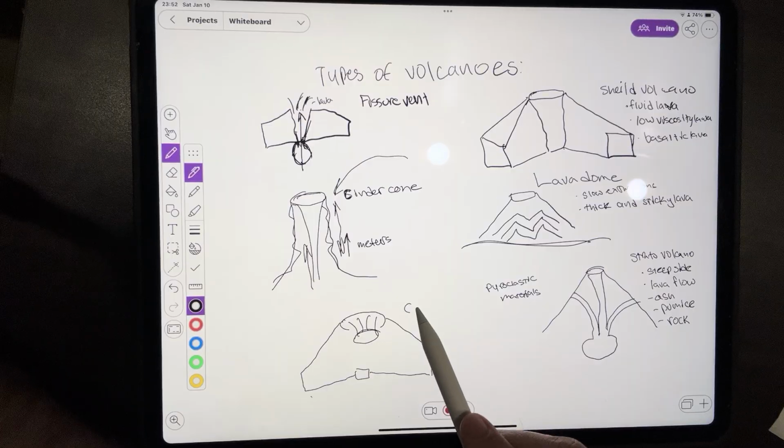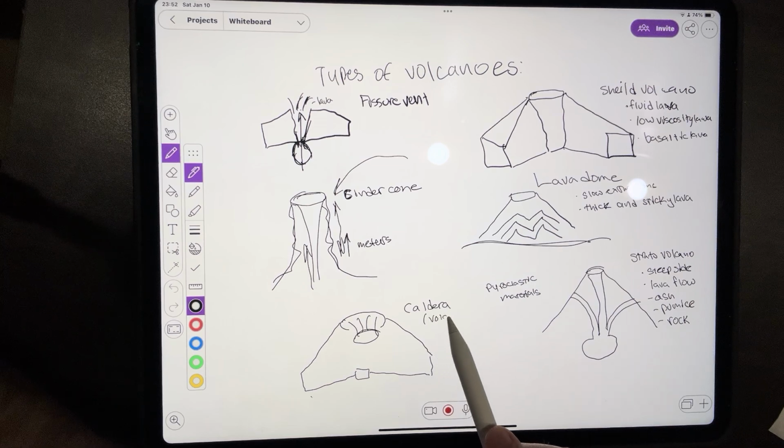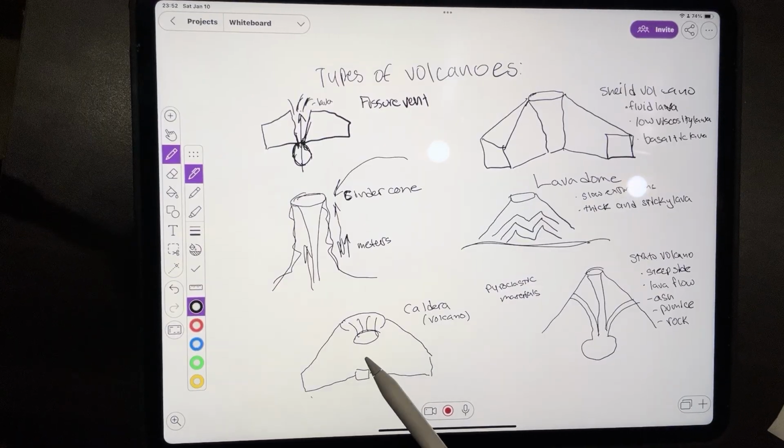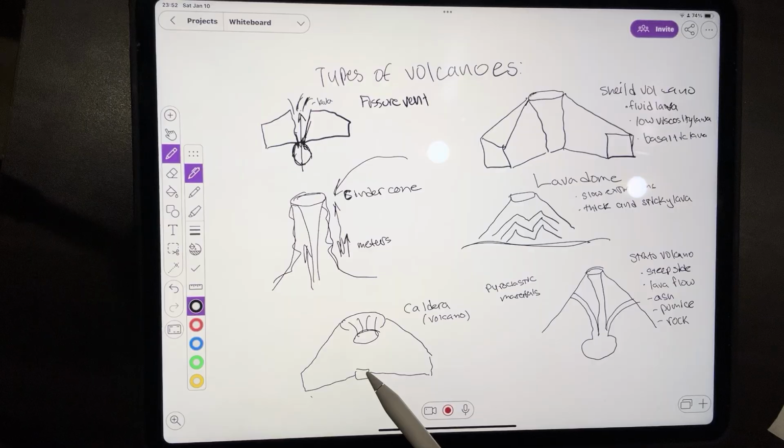This is called a caldera. Now, a caldera is formed when a magma chamber empties out all of its lava.